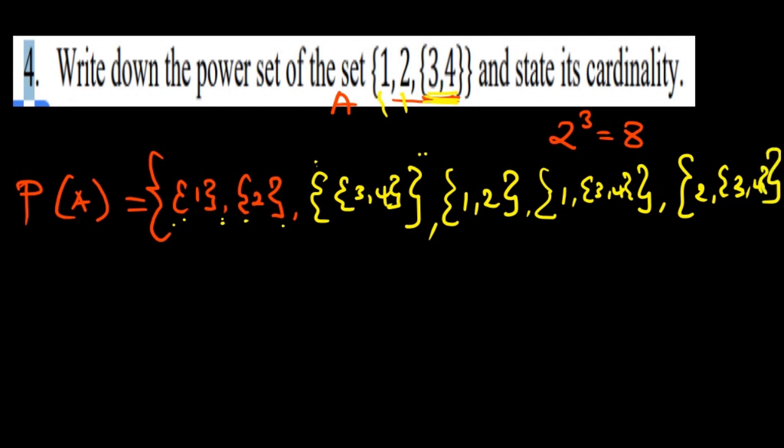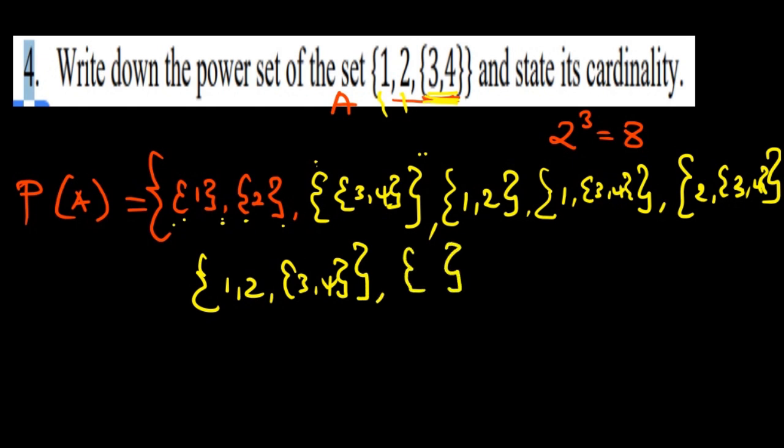Okay, so what is remaining now? It's just the whole set. Okay, so the whole set is also a subset, so we write {1, 2, {3, 4}}, like that, and then we write the empty set like that.